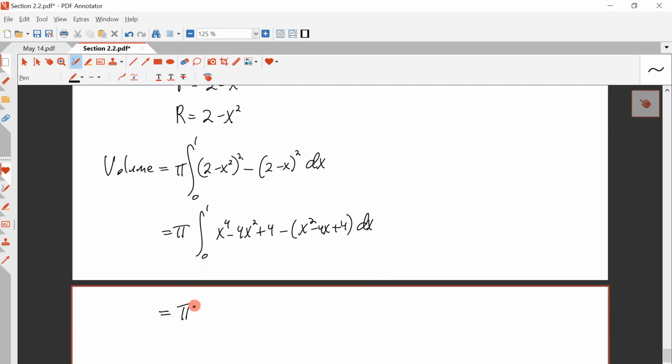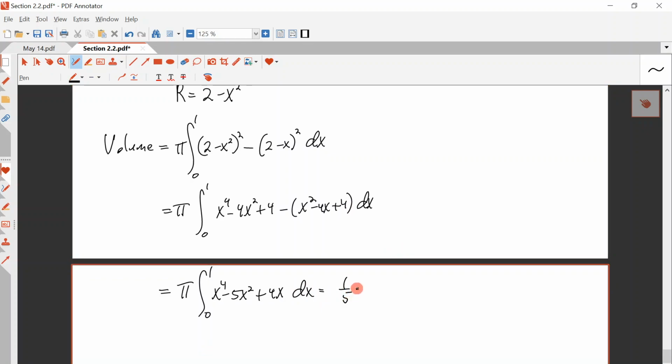So this is equal to x to the 4th minus 5x squared plus 4x, and then plus 4 minus 4, so those go away.